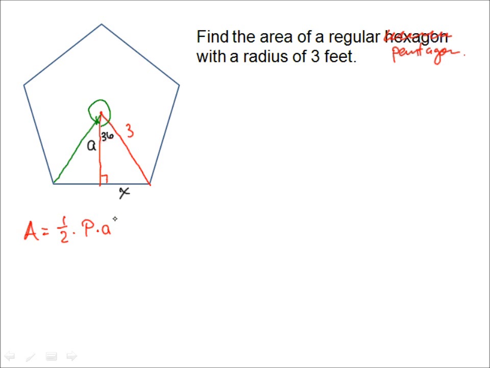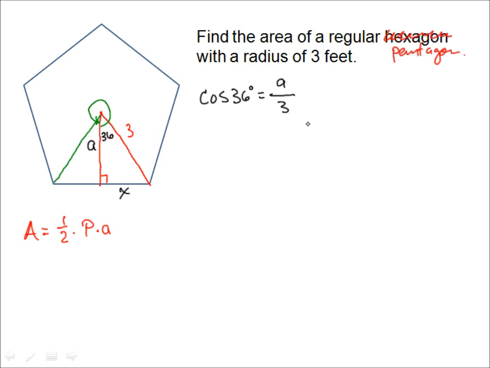So let's go ahead and, I guess, find the apothem first. From the 36-degree angle, I would call this my adjacent leg, and the hypotenuse is 3. So when we're dealing with adjacent and hypotenuse, the trig ratio we'll use is the cosine. So I will say the cosine of a 36-degree angle is equal to the adjacent leg in my right triangle divided by the hypotenuse.